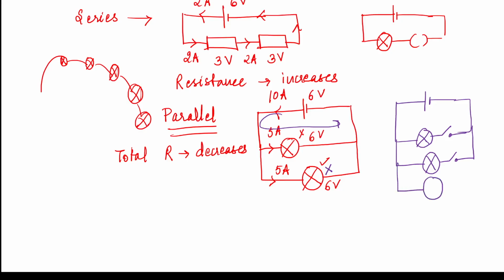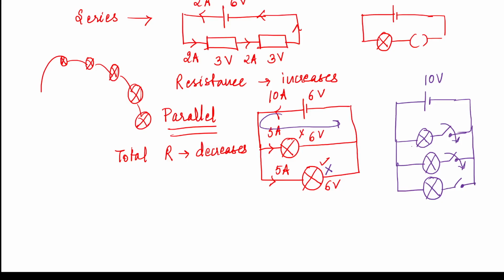Say I have three bulbs, so then what would happen? Let's say I have a battery which gives 10 volts. This is a DC supply. If I switch this one on, the minute you switch this on, the current would increase.